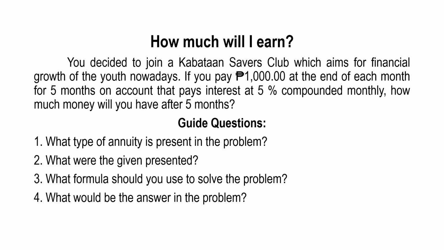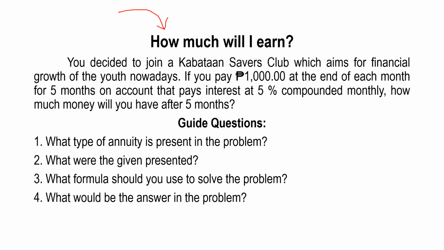So for us to visualize more what a simple annuity is and how we compute the present and future value of a simple annuity, let's deal with this situation with the title, How Much Will I Earn?